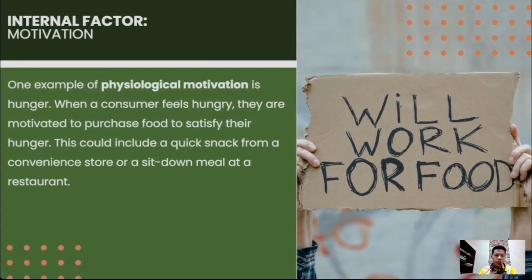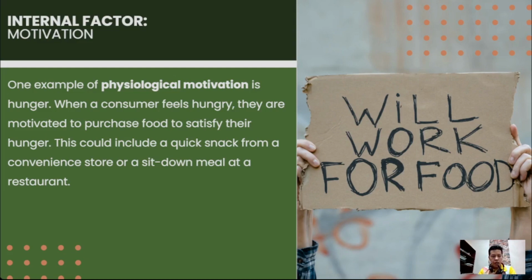Now, one of the best examples of motivation is physiological motivation. Like, let's say, for example, hunger. Hunger is a physiological motivation that would motivate a consumer to purchase food. When a consumer feels hungry, they are motivated to purchase food to satisfy their hunger.